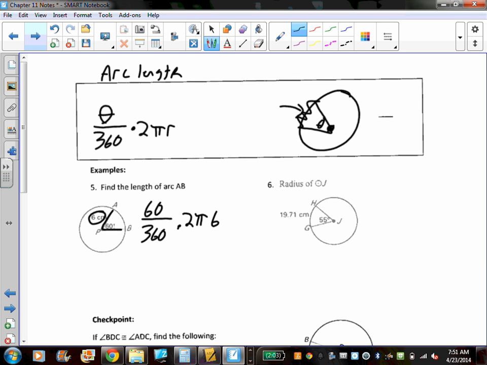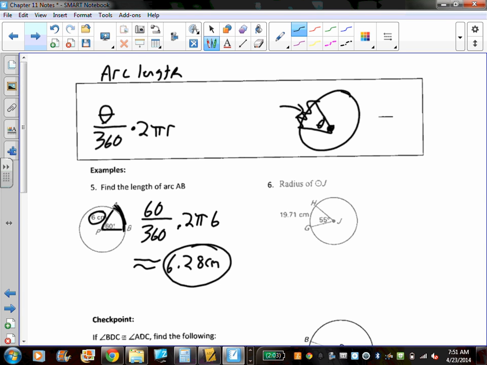You should get about 0.167. Then take that number and multiply by 2 times pi, or 3.14, times 6. And you should be getting a result of approximately 6.28 centimeters. Now this is a length. We're finding AB here, so we just use centimeters. We are not going to use centimeters squared because it's not an area.